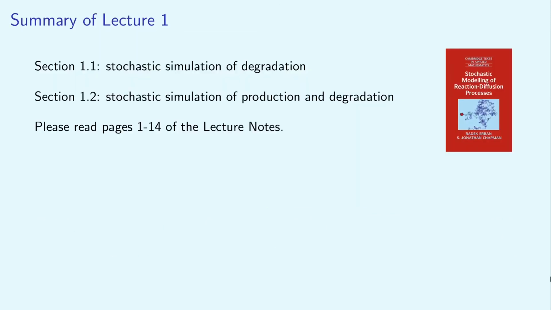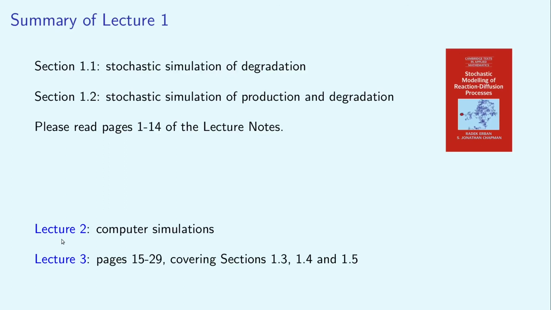To summarize our first lecture, we have covered the first two sections of the lecture notes by discussing stochastic simulation of a single reaction, degradation, in section 1.1, and stochastic modeling of a simple system of two reactions, production and degradation, in section 1.2. Please read pages 1 to 14 of the lecture notes before watching lecture 3.